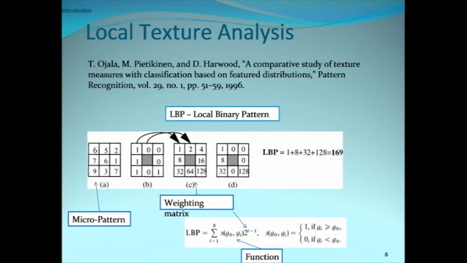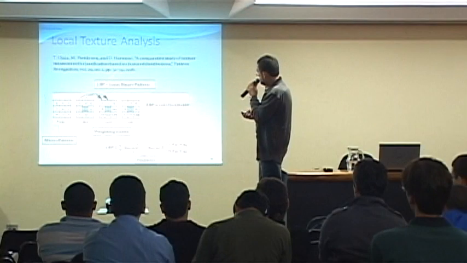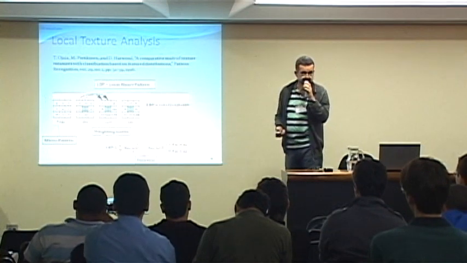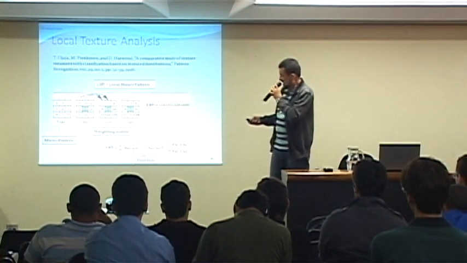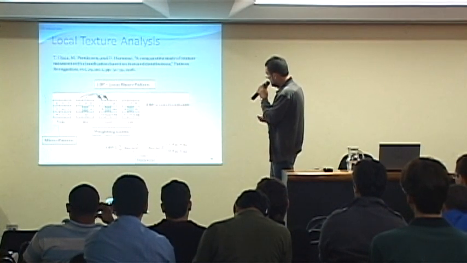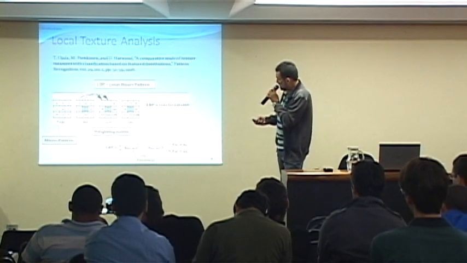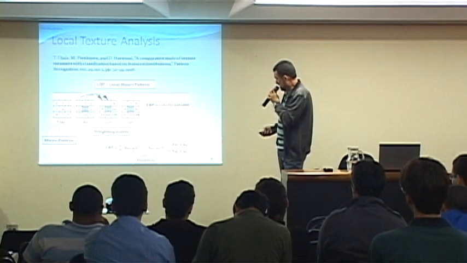In 1996, Ojala, Pietikäinen, and Harwood published the LBP, the local binary pattern. Like the texture unit, the binary pattern uses a weighting matrix, based on a power of 2.